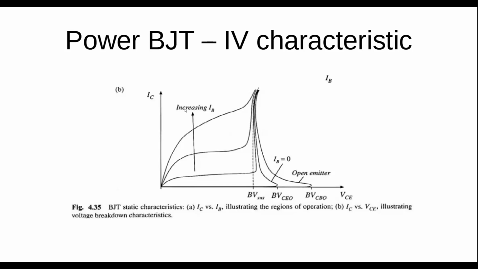We still have a lot of current, but the VCE sat is a bit higher than in the case of hard saturation. So saturation is split into two, and you can operate in both regions.